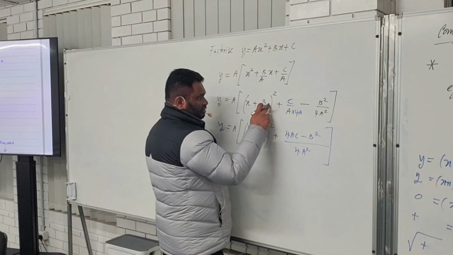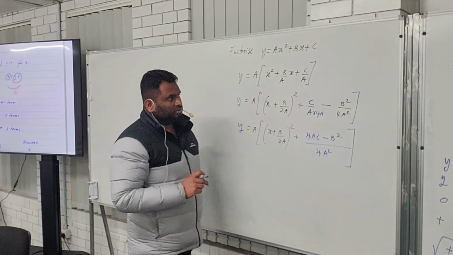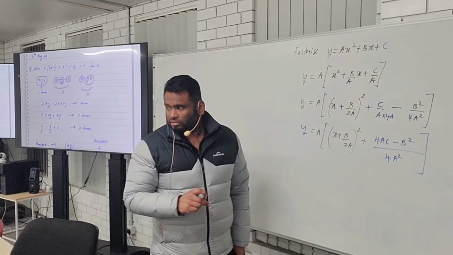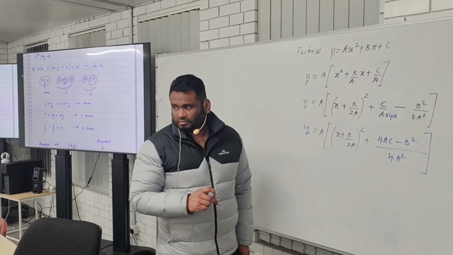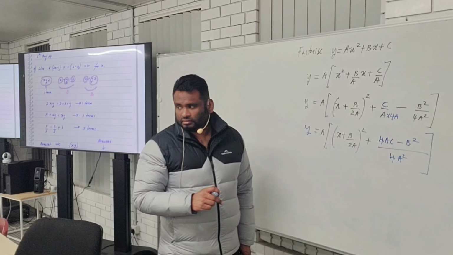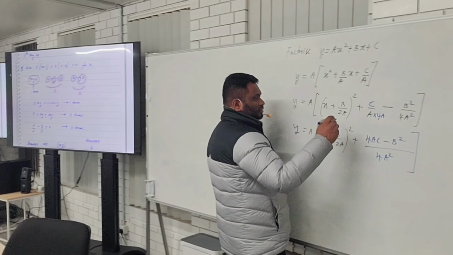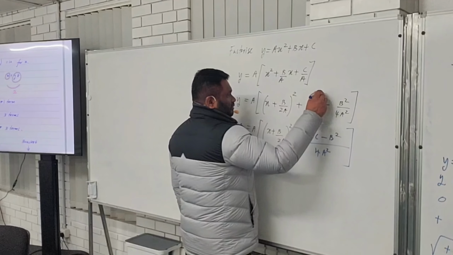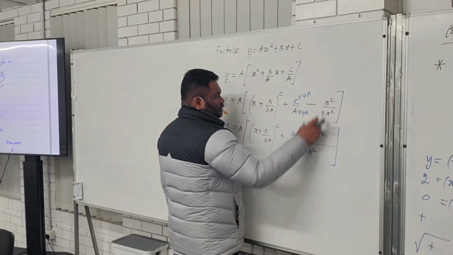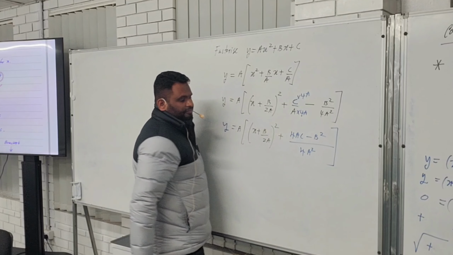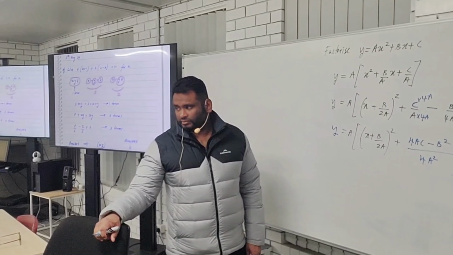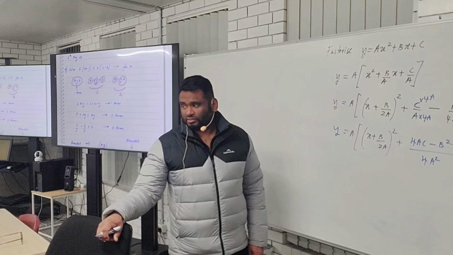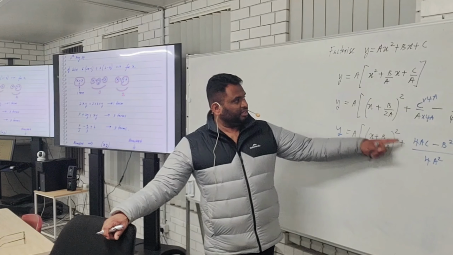No. You keep that out and then you make this common denominator at the bottom. So you multiply this by 4a. So this becomes 4ac, this becomes b squared, so it's going to be 4a squared. If you're not sure whether this works, expand it, you should get this one.